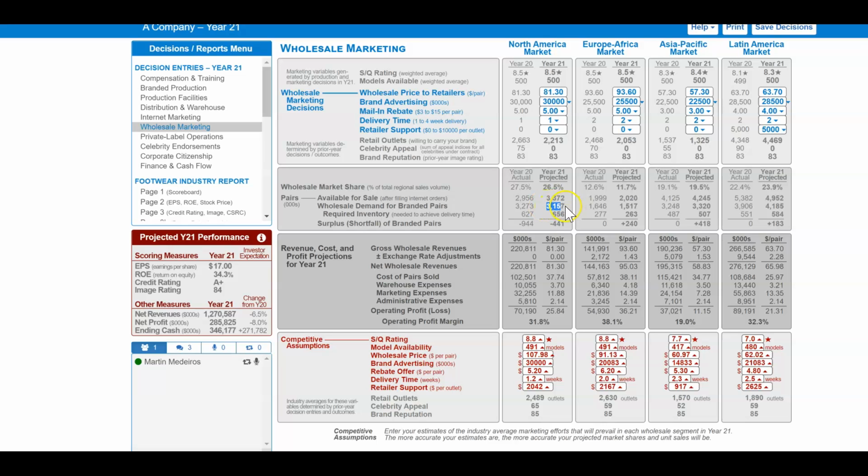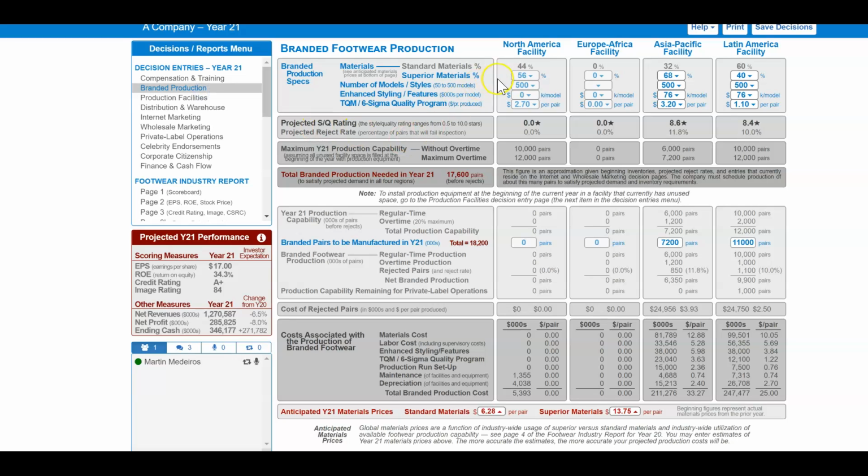Once the simulation predicts the demand, they've got to go to the production facility, and this team has 2 factories, one in Asia and one in Latin America. They've got to produce the shoes. For example, they're producing 7.2 million shoes in Asia, 11 million shoes in Latin America.